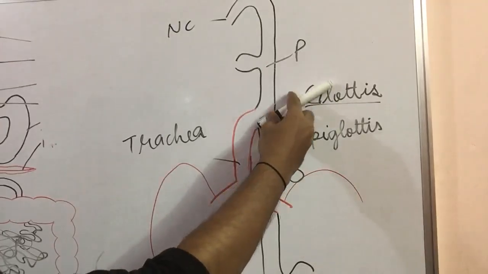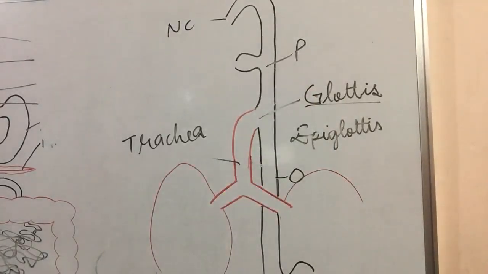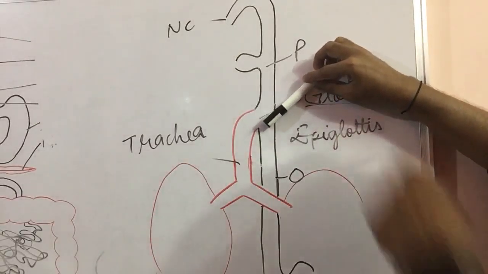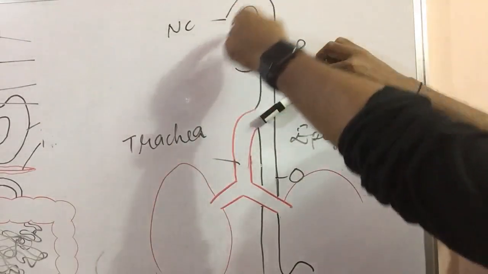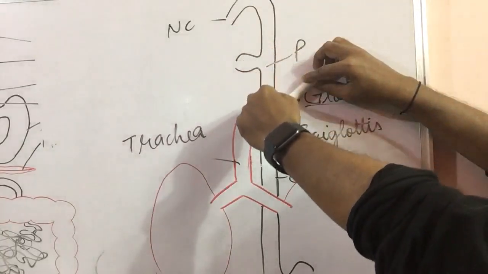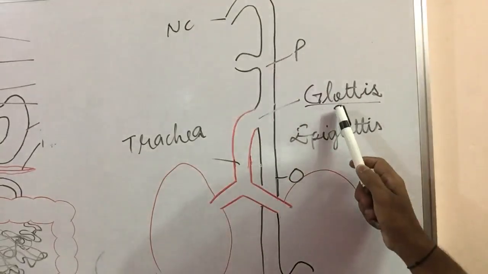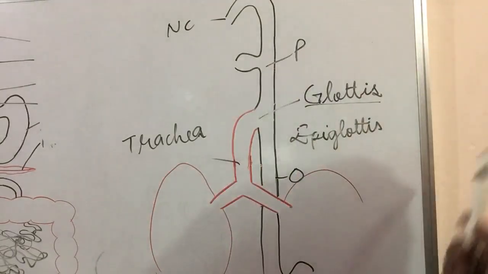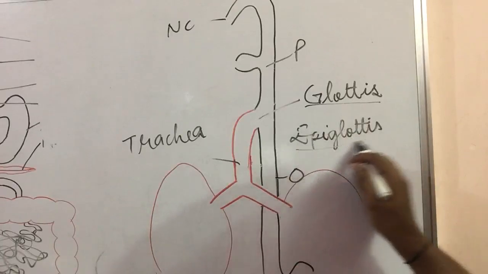If the structure is in this way, air will come from this part or this part, then go straight here. Clear? So the opening is called the glottis, and the structure which guides air, water and food is known as the epiglottis. This is a lid-like structure.